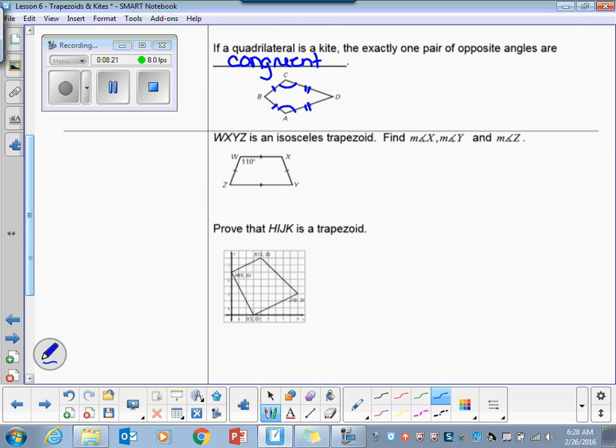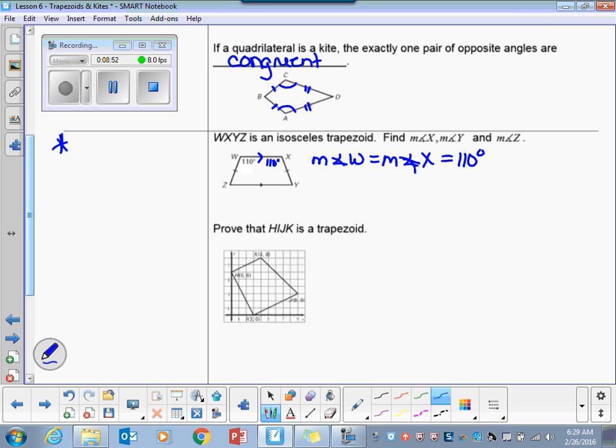All right, at this point you're going to need another guiding question. Quadrilateral WXYZ is an isosceles trapezoid. Find the measures of angles X, Y, and Z. All right, well, base angles have to be congruent, which means the measure of angle W has to equal the measure of angle X, which is 110 degrees. So there's one of them, 110.